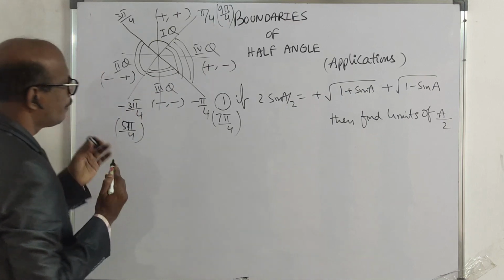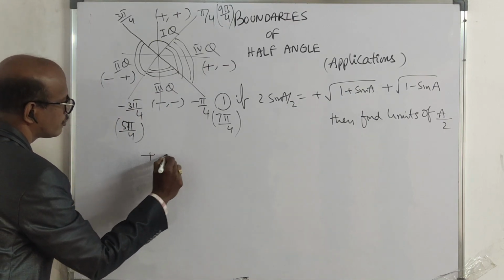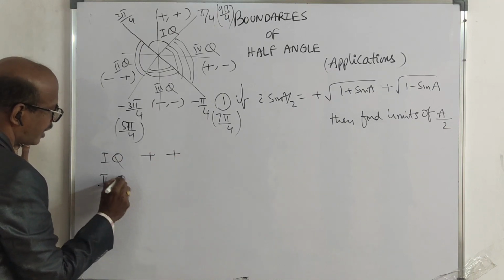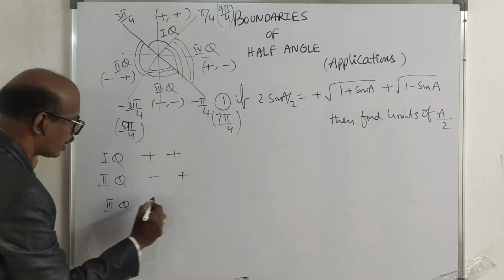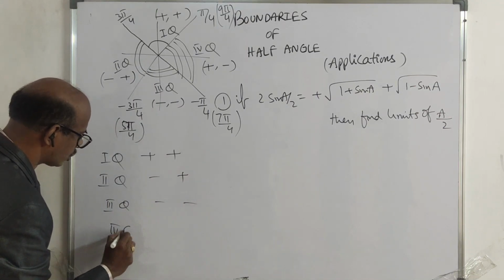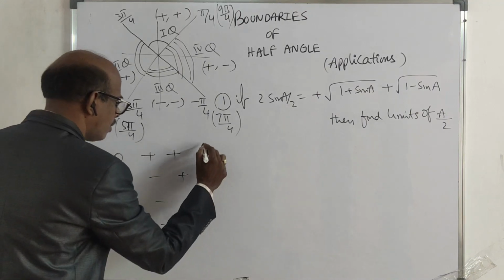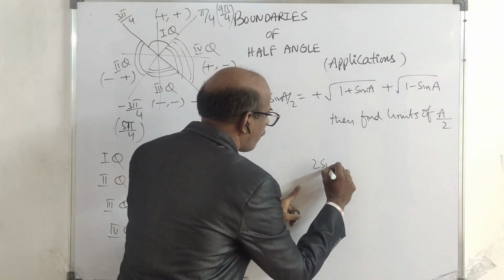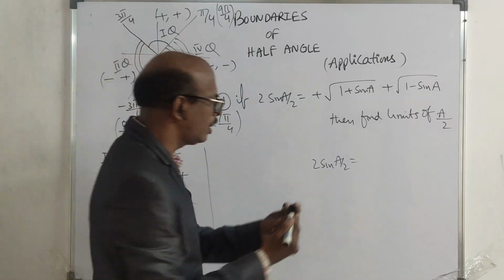Here is one simple tabular form I am going to give. This will be plus plus in the first quadrant, in the second quadrant negative, positive, in the third quadrant negative, and in the fourth quadrant plus minus. You know very well. In our previous video, I think you understood the theorem fully.